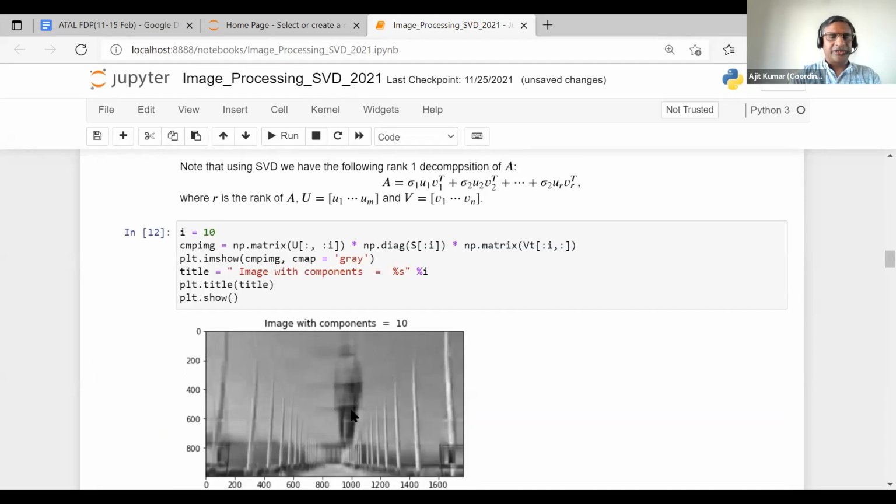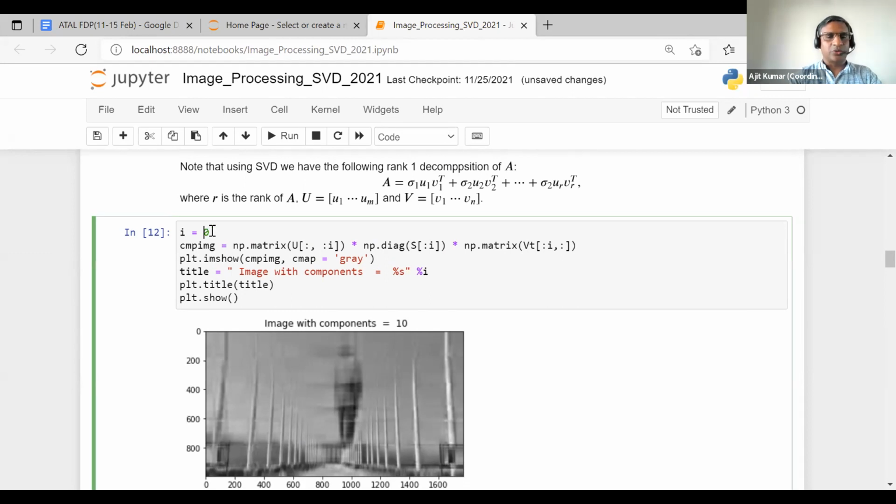You can already see that these bars are coming quite clearly, and this image is also appearing. So only 10 components compared to 995. If you look at the number of elements in that matrix and the number of elements in 10 components, there's a huge difference. So the size of the compressed matrix will be very small compared to the original.